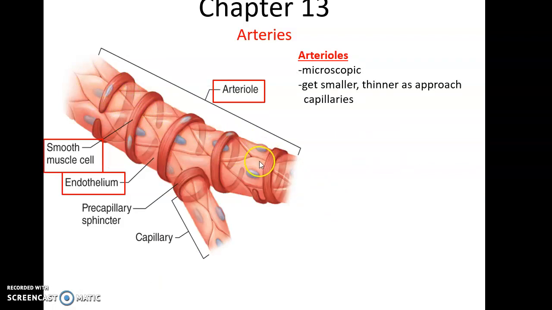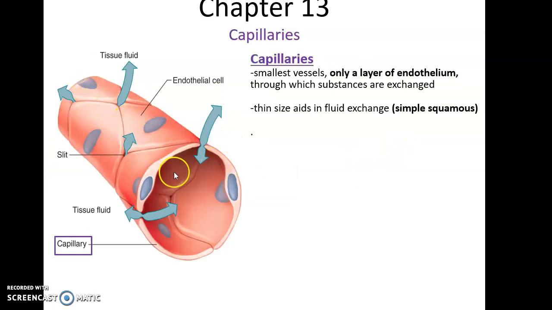The arterioles are microscopic. They're at the very end of carrying blood away from the heart. They are super thin, basically just a thin example of each of those three layers, and they lead to the capillaries. And here's a capillary. A capillary is as minimal for a blood vessel as you can get.